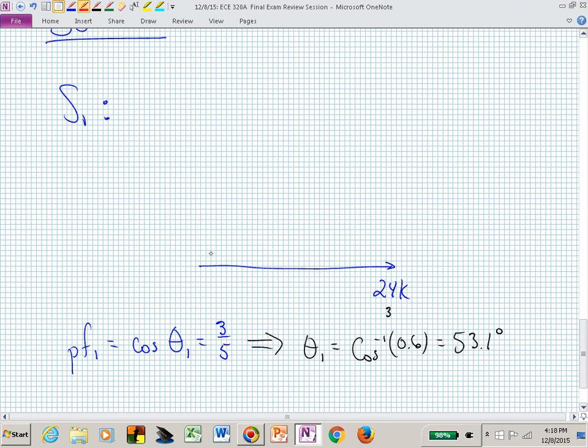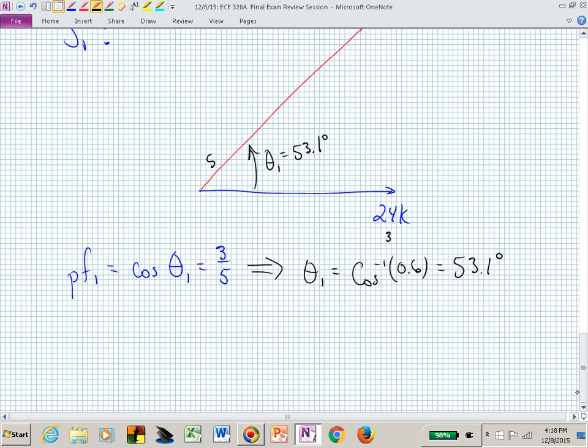And now if you go up at 53.1 degrees, that's what this angle represents. This distance is the 5 on my 3, 4, 5 triangle.